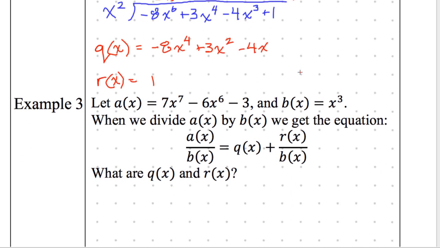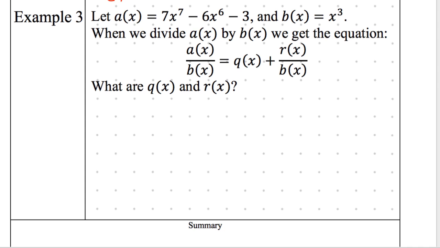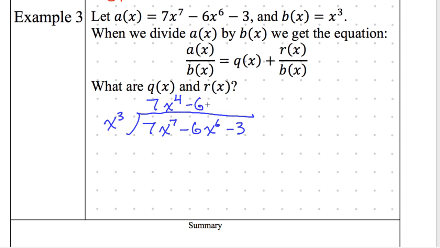All right, and example 3, because so many people have moved on because they're so quick at this, this is going to be x to the power of 3 going into this polynomial, 7x to the power of 7 minus 6x to the power of 6 minus 3, and this one turns into 7x to the power of 4 minus 6x to the power of 3, with the remainder of negative 3 over x to the power of 3.